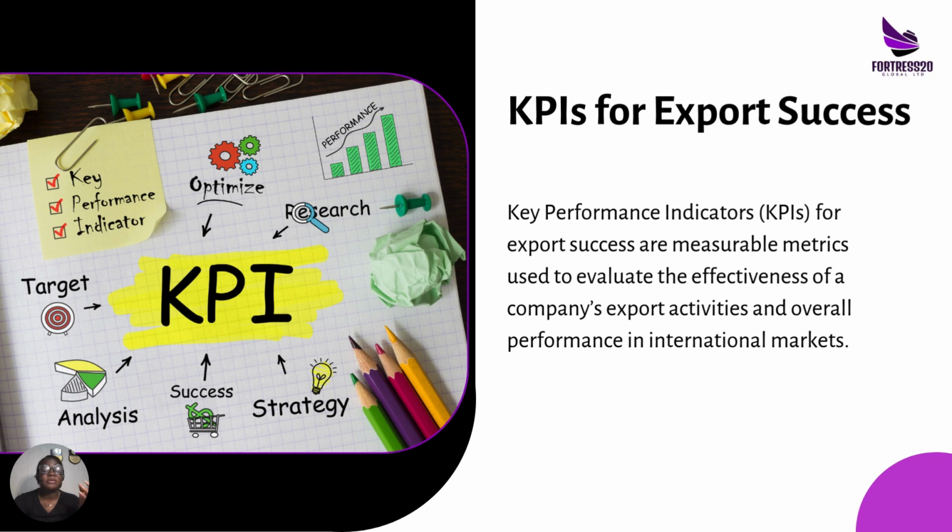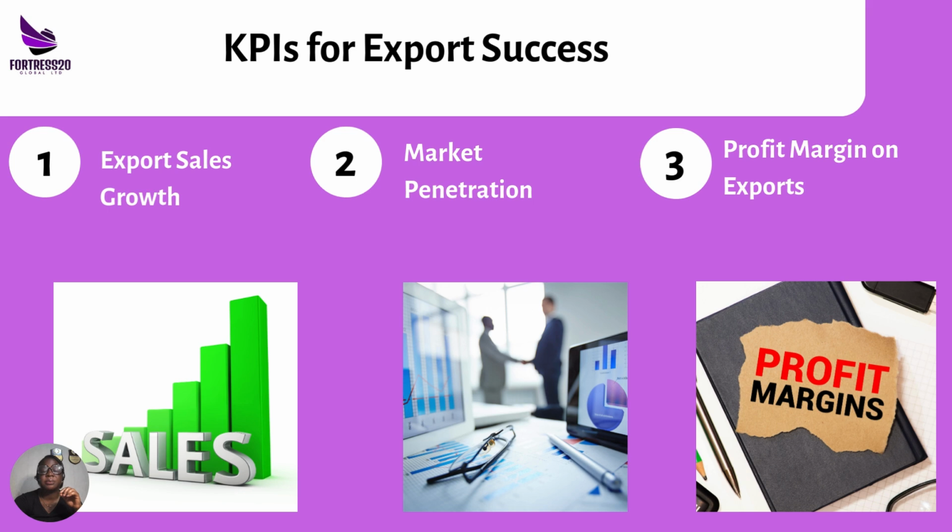They help to assess factors like sales growth, market penetration, profitability, and operational efficiency to determine how well a business is achieving its export goals. By tracking these KPIs, businesses and policymakers can make informed decisions to optimize strategies, address challenges, and enhance global competitiveness. Let's look at some of these KPIs over the next couple of slides.